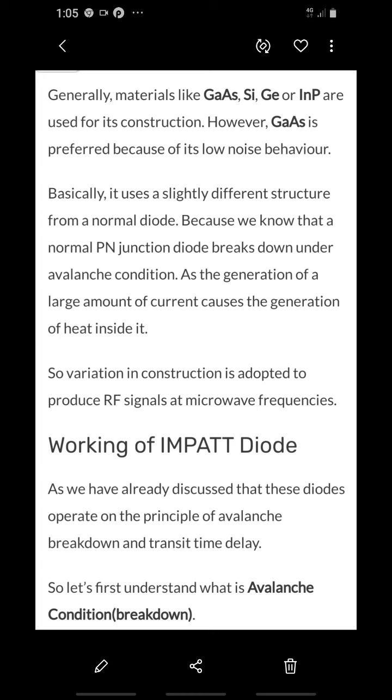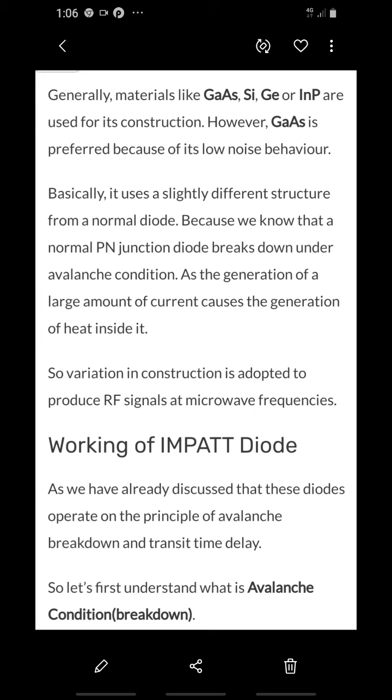Basically, it uses a slightly different structure from a normal diode because we know that a normal PN junction diode breaks down under avalanche condition as the generation of a large amount of current causes the generation of heat inside it.